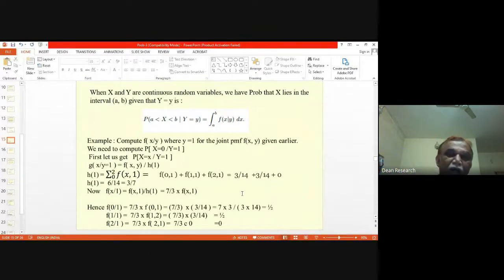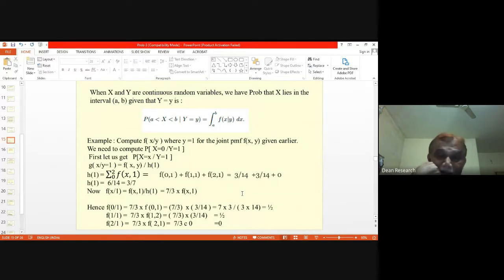Now, in the previous class also we were discussing the computation of the conditional distribution values for one variable given the other variable. For example, if you want to compute the probability that x equal to 0 given y is equal to 1, how to compute this particular probability? What does it mean?